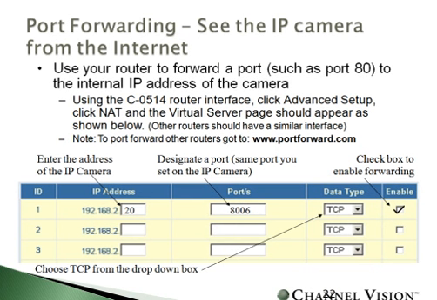So you enter in the IP camera address, 192.168.220. That's the IP address. Whatever port you forwarded, 8006, and you select Transmission Control Protocol, or TCP. That's just a drop-down enable, and you've successfully forwarded the port on the router. It is that simple.